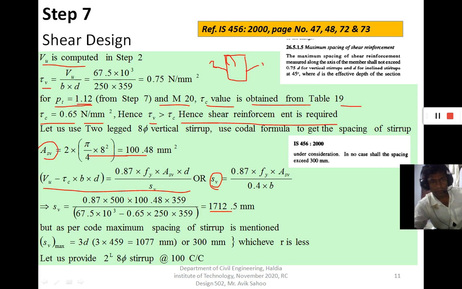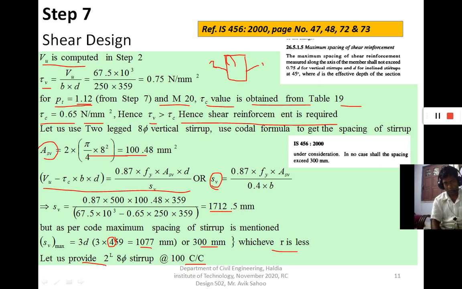Now 3d is 3 into 359. Again, here I made a mistake. That is 359. So 3 into 359 is 1077 or 300, whichever is less. So let us provide two-legged 8.5 stirrups at the rate of 100 center to center.